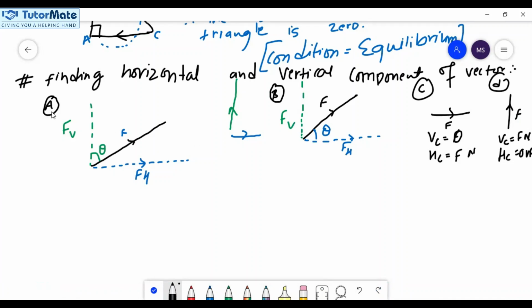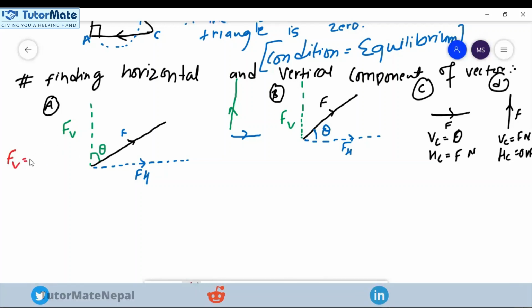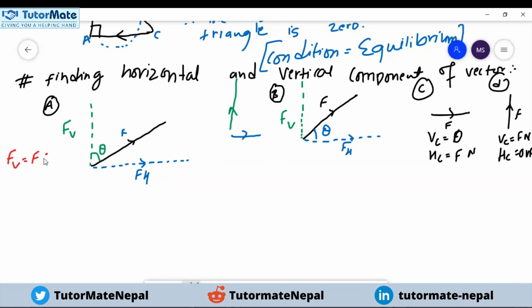So let's consider the first example, case A, and find the vertical and horizontal components. The simplest way, if you want to memorize or be real quick, is that wherever the theta is, it is always cos. So you can say that FV is F cos theta.